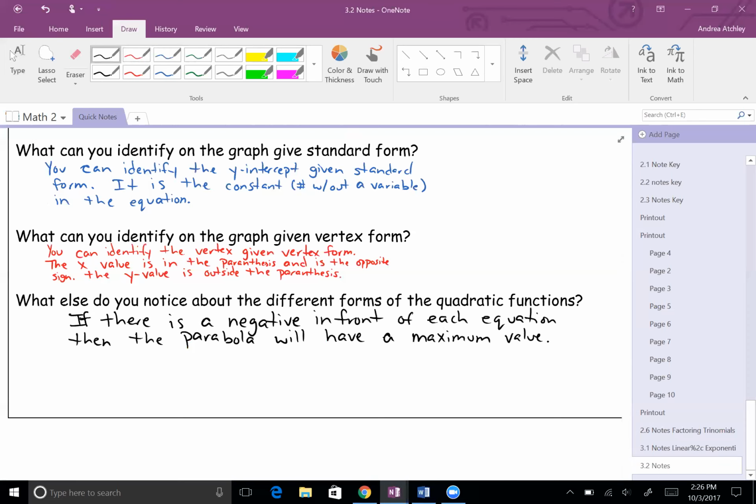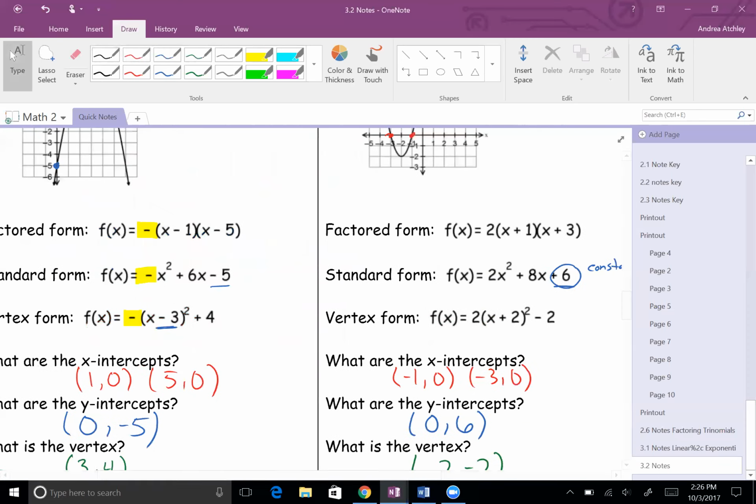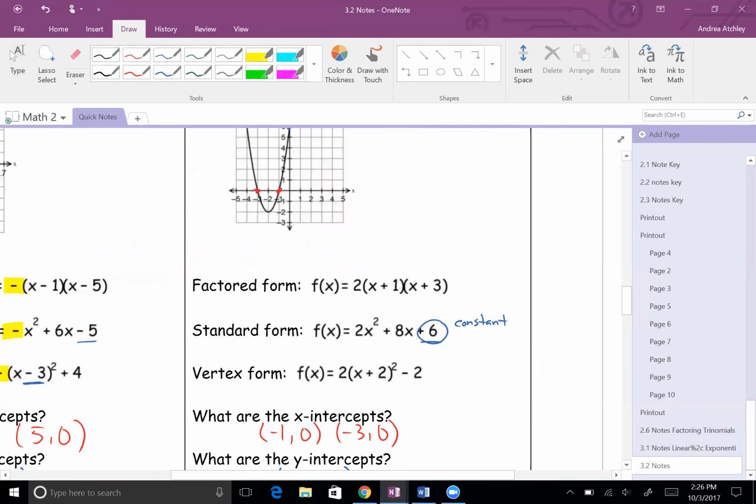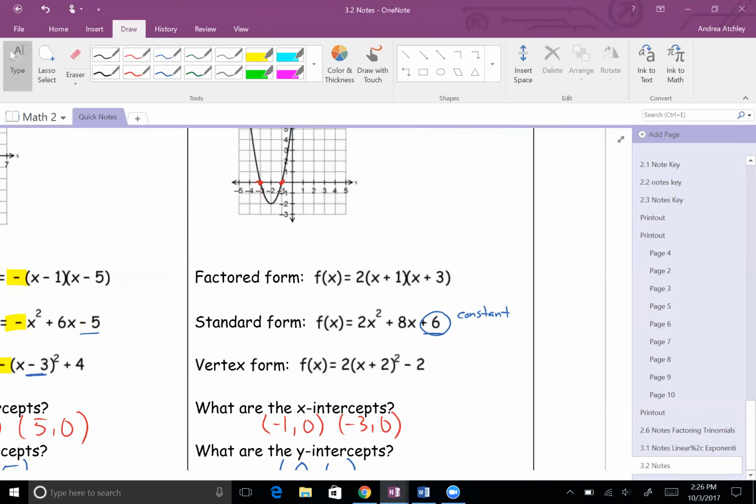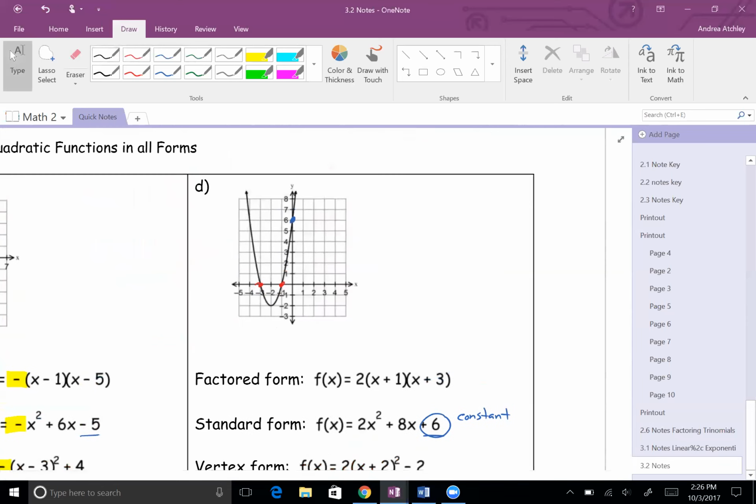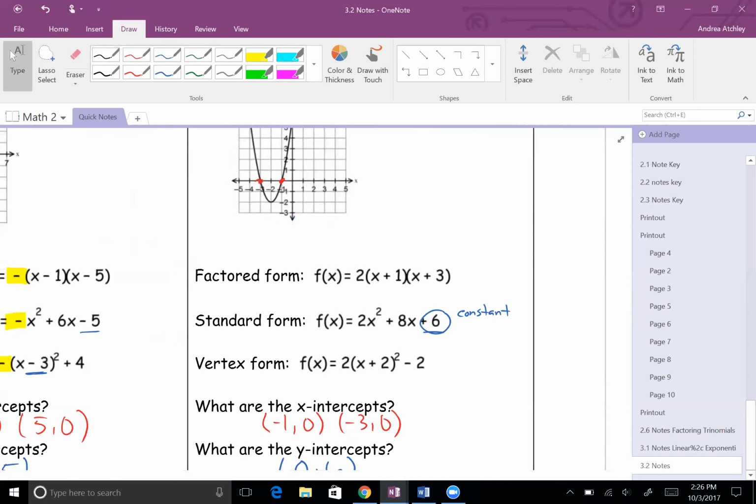Okay, there's one other thing we have to identify. How are these equations and this graph in D different from the rest of them? Okay, it has a 2 in front where none of the others had a 2, like a GCF of 2 here. 2 in front of the x squared, 2 in front of the parentheses squared.